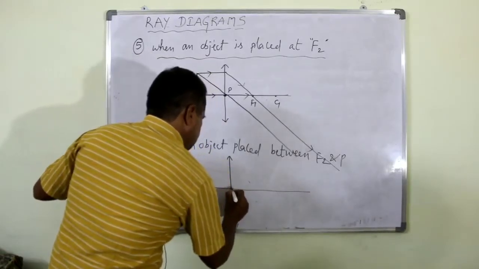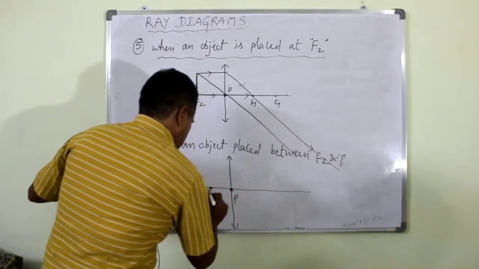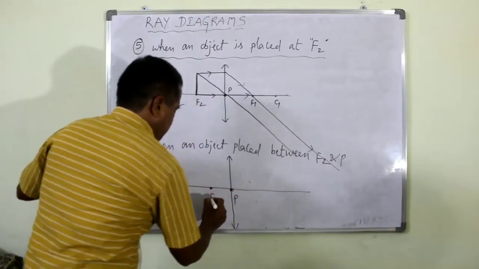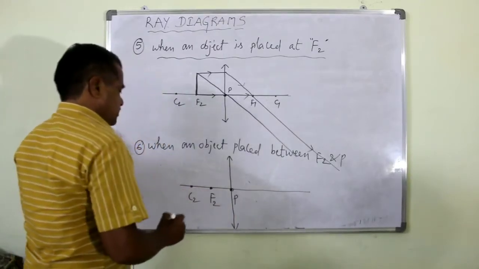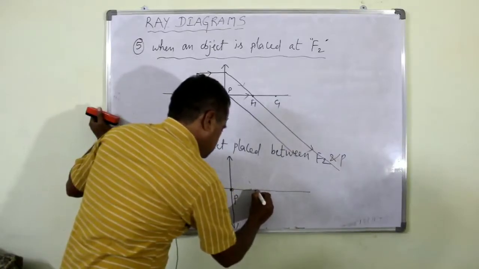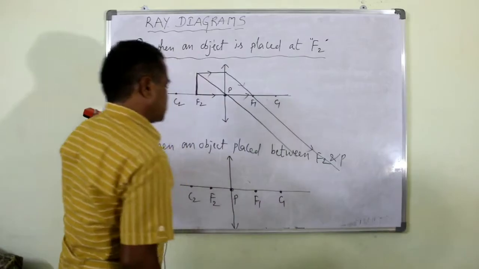Draw principal axis, optic center P, focus point of the second curved surface F2, center of the curvature of the second curved surface, focus point, center of the curvature of first curved surface.